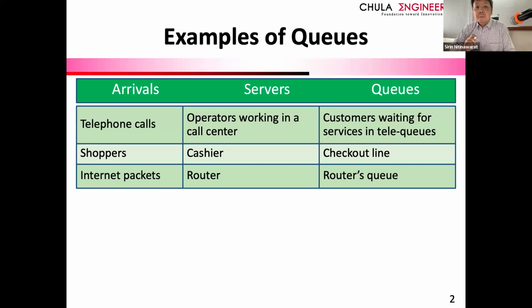The service in this case is the process of forwarding in the router. So a router can route different packets to different outgoing links from the router.